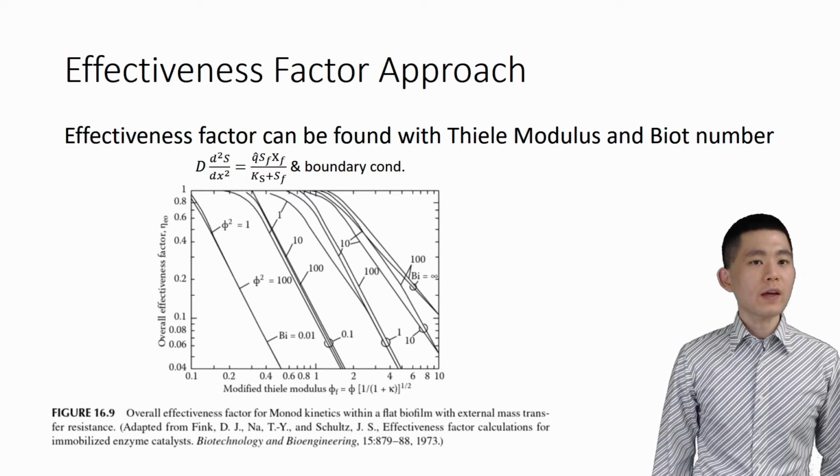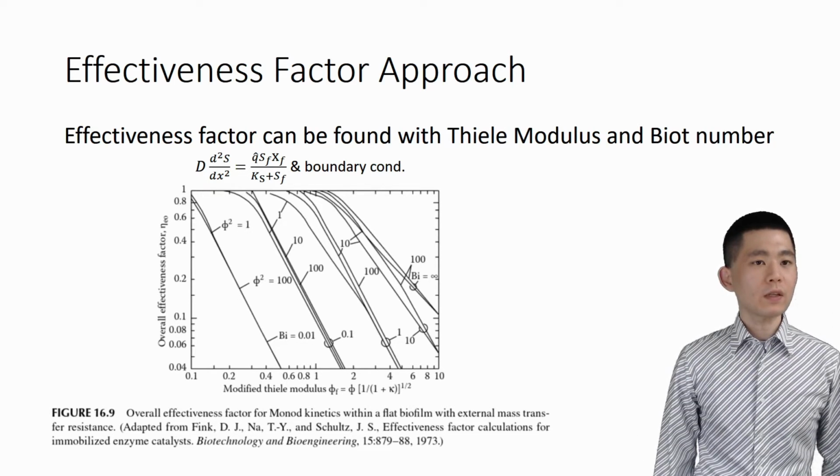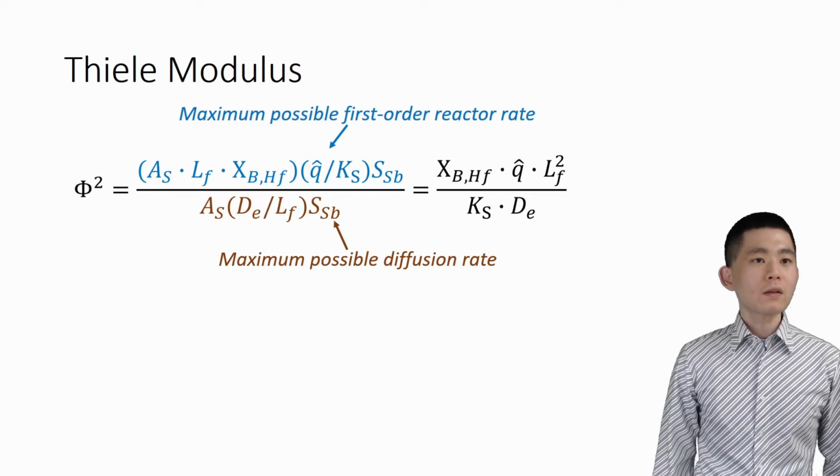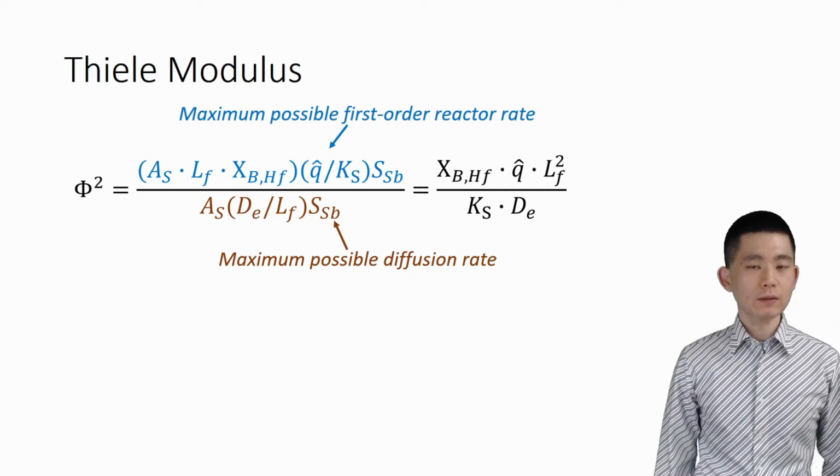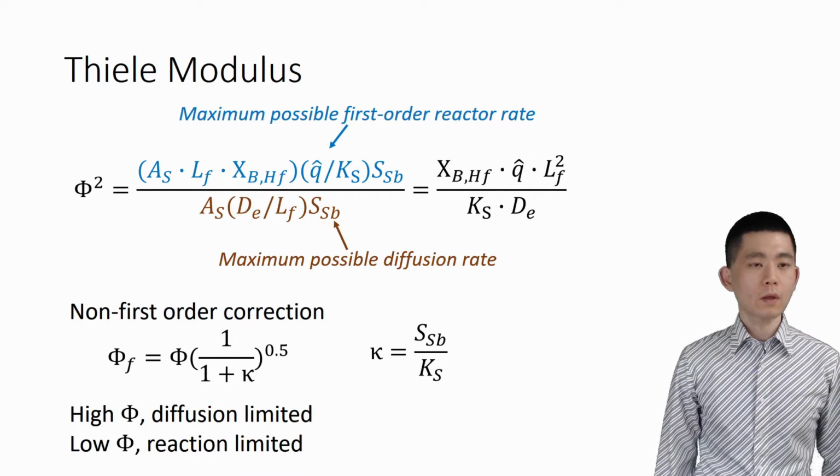We can find the effectiveness factor from this figure after calculating the Thiele modulus and the Biot number. The Thiele modulus squared is a ratio between the maximum possible first-order reaction rate and the maximum possible diffusion rate. We can correct the Thiele modulus for non-first-order reactions with a ratio of S_Sb over K_S.